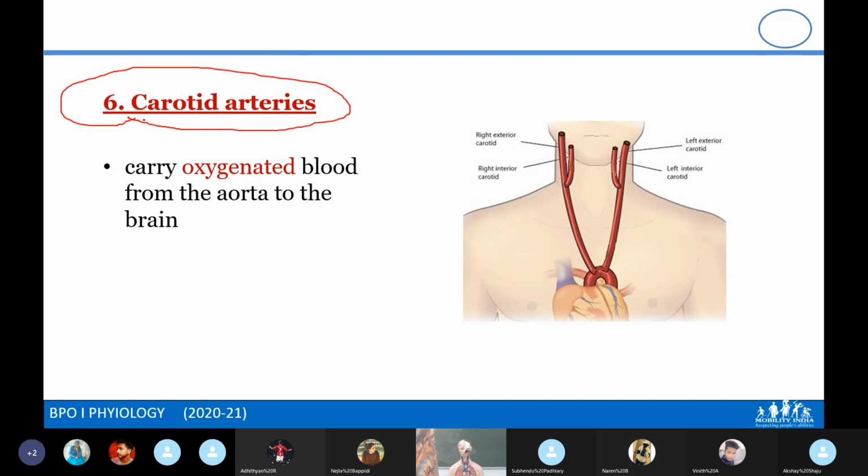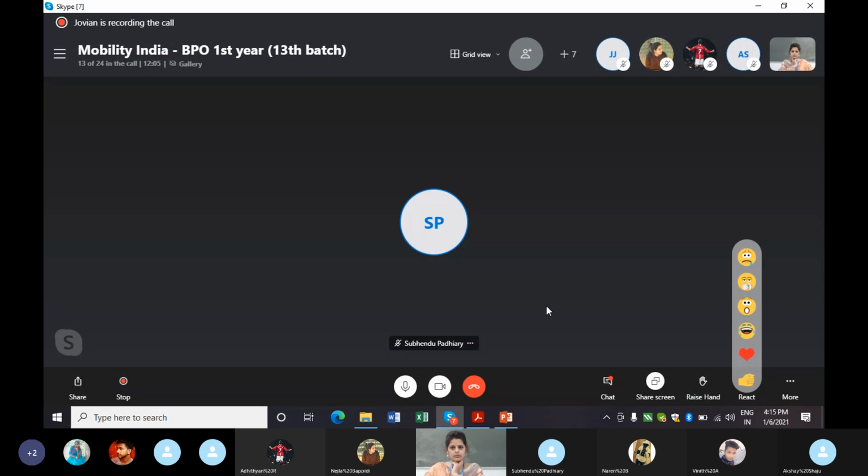Carotid arteries means there are 2 on both sides of your neck. So what I want from all of you is, palpate on either side of your neck, all of you. Palpate on both sides of your neck.